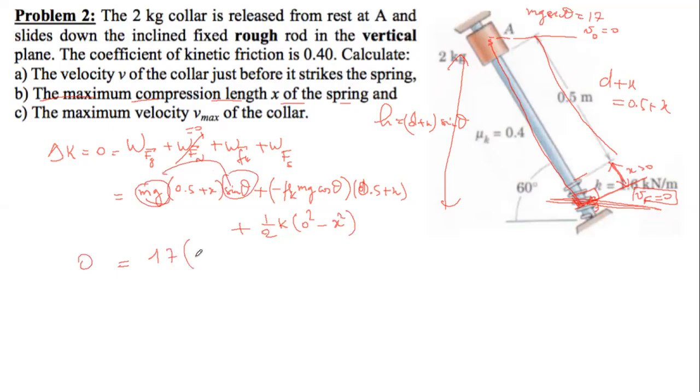17 times 0.5 plus x, minus mu k. What is mu k? 0.4. Now mg cosine theta, if you do it properly, you will find 9.81.